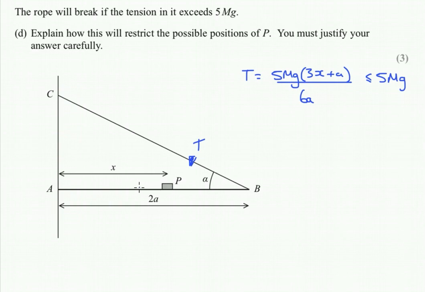You can imagine this can slide up and down here, but if it gets into certain positions, the tension will become too much. As it moves this way, there's going to be more tension on the rope as it gets closer and closer to B, and at some point it's going to snap if the tension exceeds 5 mg. So we can use this relationship to work out the acceptable positions of P in terms of x.